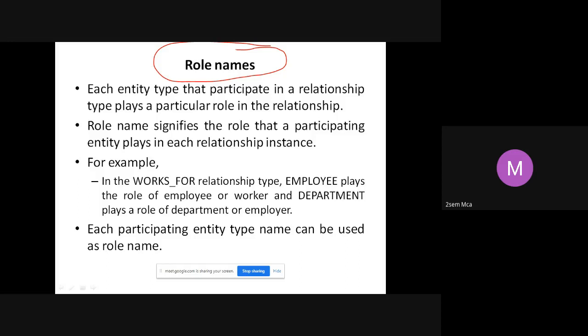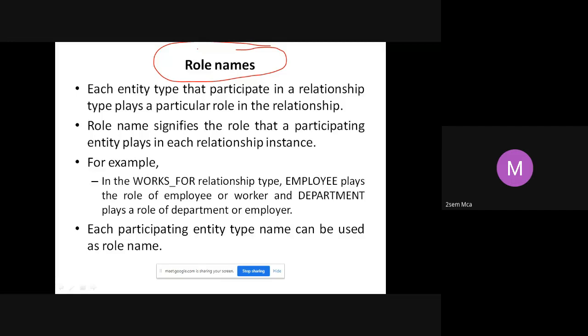When I say an employee works on project, I am an employee there. My role is also employee only. So most of the time we don't specify the role name. Unless role name has some significance, we don't generally specify. It's understood. When I say employee works for department, it's understood I am an employee. What is my role? My role is employee. So we don't write that.